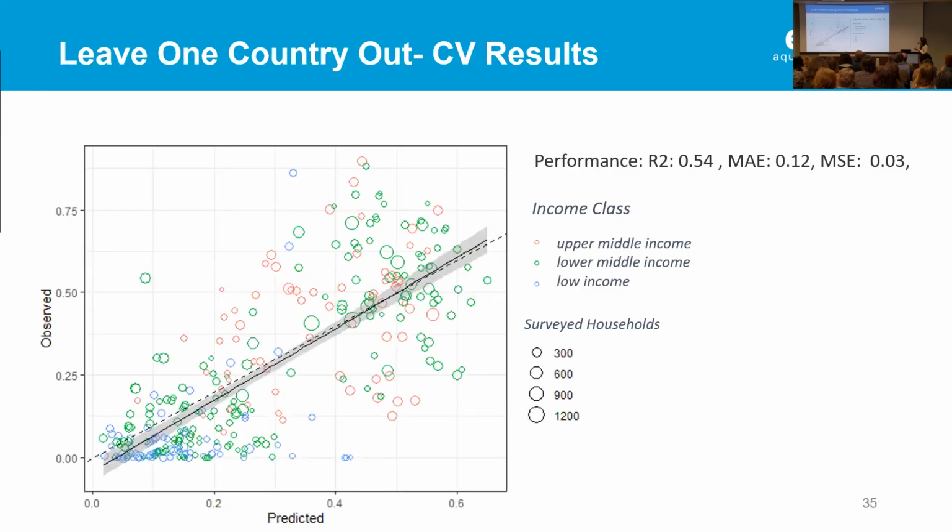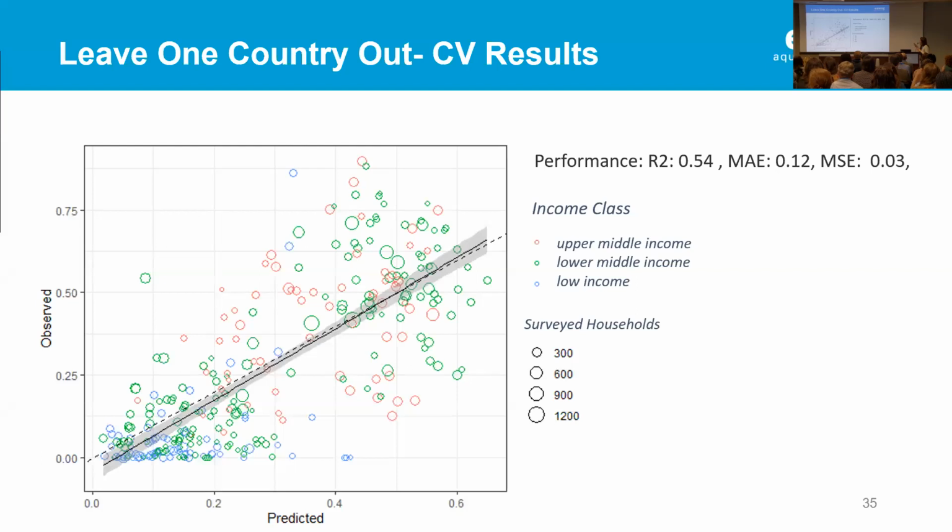And here we see some results from the cross-validation. So basically, these points, all of them have not been seen in the individual cross-validation models. So these are the 27 countries which were predicted from models which did not include their data. And as we see, we can pick up on trends.